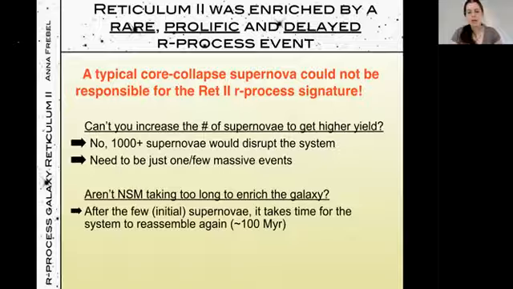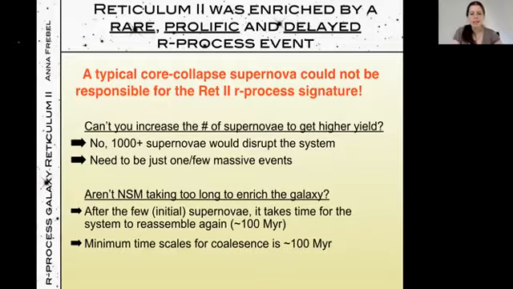But as it turns out, there are more and more simulations of this coming up. And they're showing that the fastest ones take 50 to 100 megayears to coalesce. And of course, as I said, there were early supernovae in the system, and that meant some energy injection.